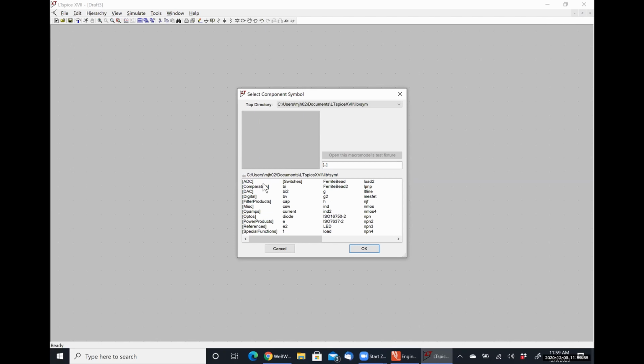I know NPN, NPN2, NPN3, and NPN4 are different numbers of terminals for BJTs. NMOS is a 3-terminal, NMOS4 is a 4-terminal, meaning you have body effects. This is an N-type JFET, and so on. Anyway, over here, there's a full menu of op amps created by Analog Devices, Linear Technology, and I think one other company. At the very, very end of that is a universal op amp model, which has all editable parameters. So we can change that. It's a generic op amp effectively that we can change stuff on. So that's the one that I like to use.